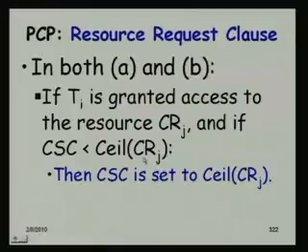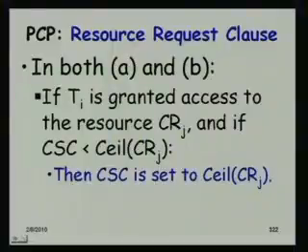As soon as there is a resource allocation, the CSC will get updated, because CSC will keep track of the highest ceiling value of the resource currently in use, right. So, whenever we grant a resource, we have to change the CSC if required. Sir, CSC can decrease in the course of time. Yes, when there is a release of resource, it will decrease. That clause we will see. Right now, we are just looking at the grant clause, then we will look at the release clause.